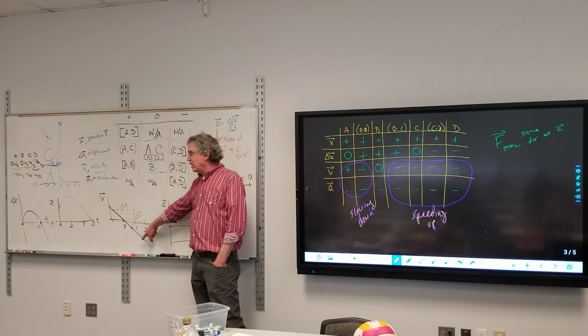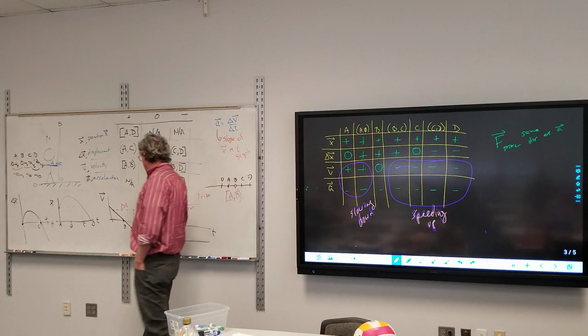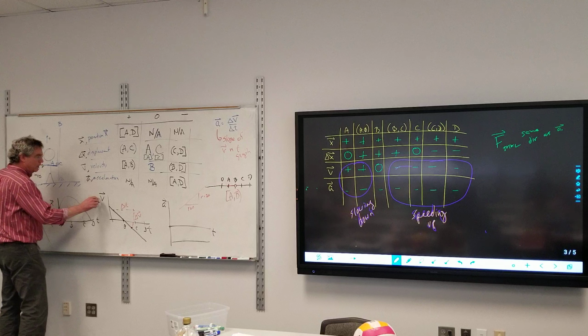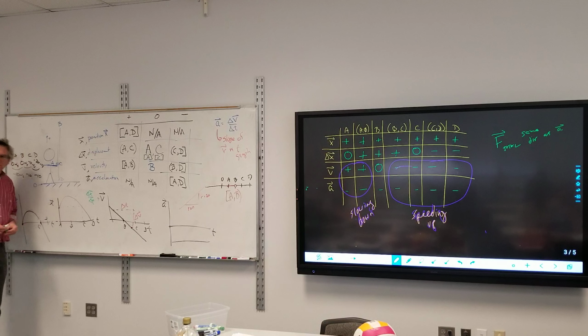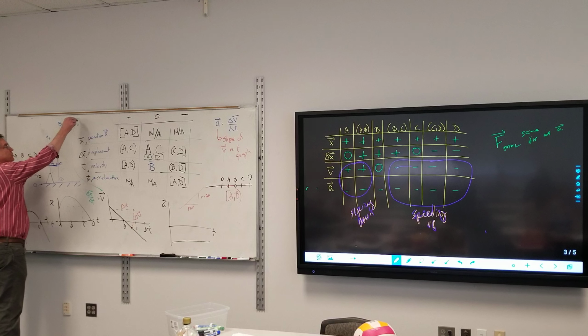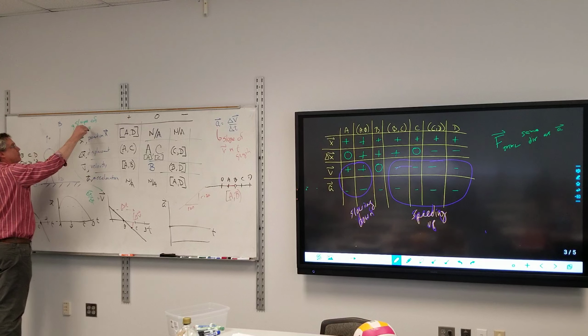Now, why is that slope constantly negative? Well, that will go back to this one. Because velocity is the change in position over the change in time. Well, that's just the slope of this. So velocity is the slope of position versus time.